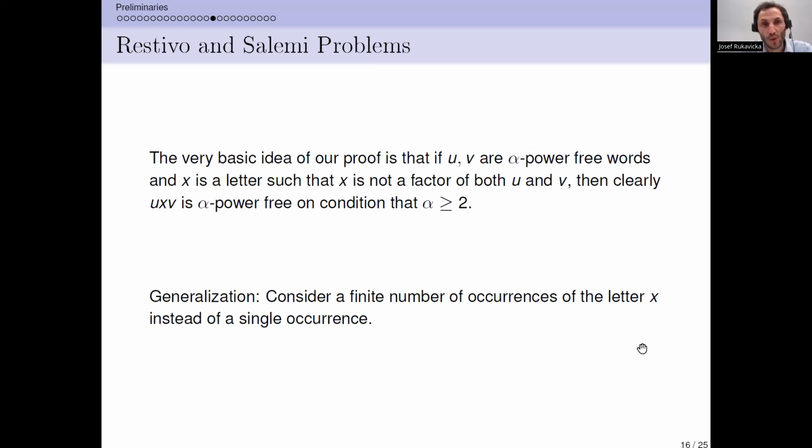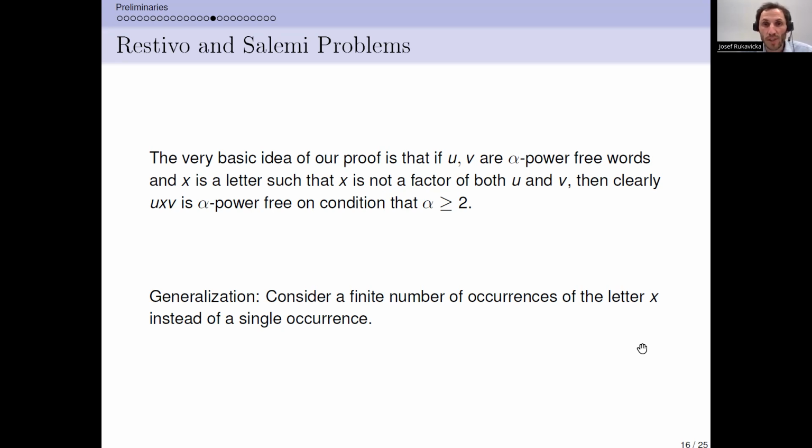And the rest of the infinite word is basically an infinite word on an alphabet of smaller size, of the size k minus 1. So I somehow need to know for the k if it is even possible to have some infinite alpha power free word on an alphabet of smaller size. For this reason, I used the Dejean conjecture, which gave me the exact results that I needed, and also the Dejean conjecture set the boundaries on my results.